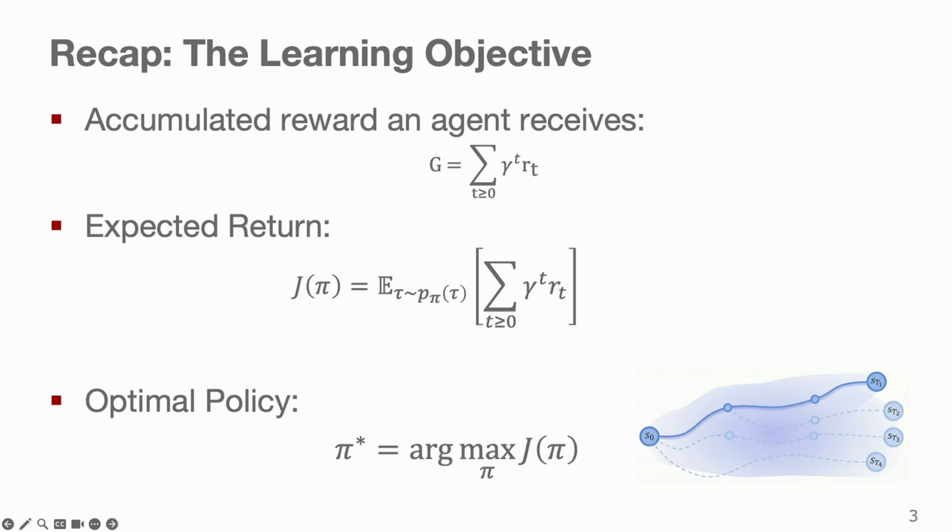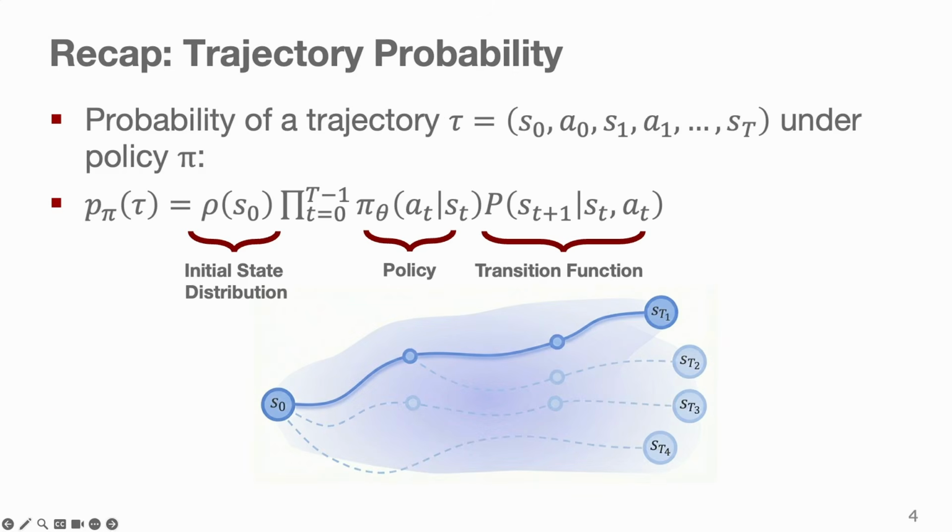And because the world is stochastic, we can't optimize with a single trajectory, but we optimize expected returns. Finally, our trajectory distribution is this one. It's three things multiplied together: your initial state distribution, then at each time step, the probability your policy assigns to your actions taken, multiplied by your environment's transition probability.